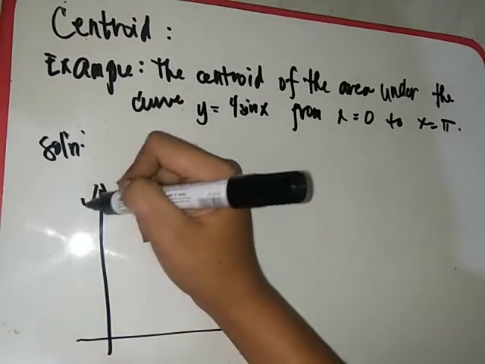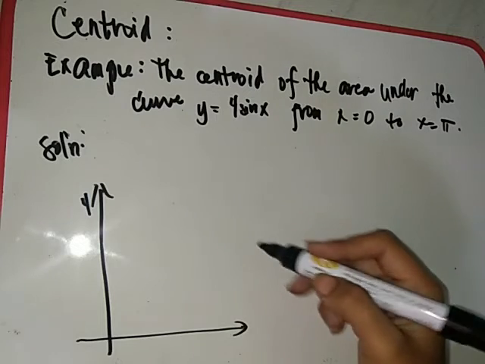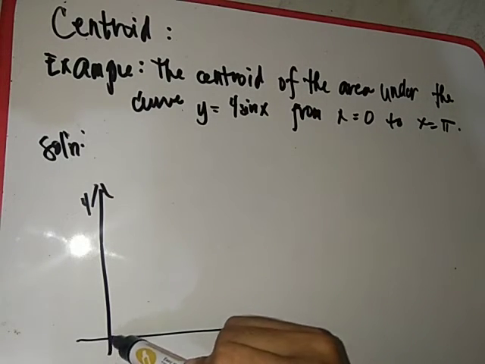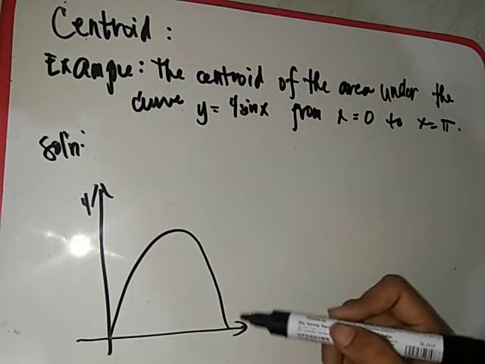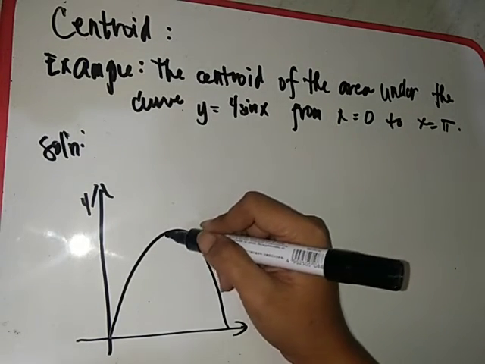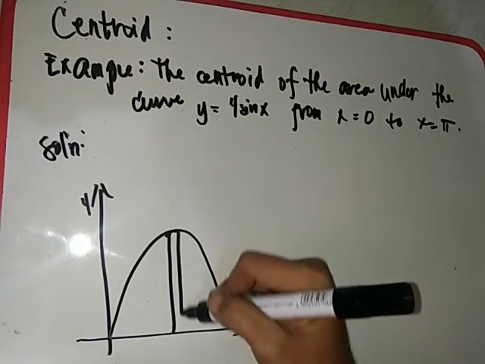So we have 4 here, and then let's make a curve like that, and then we'll draw the strip.